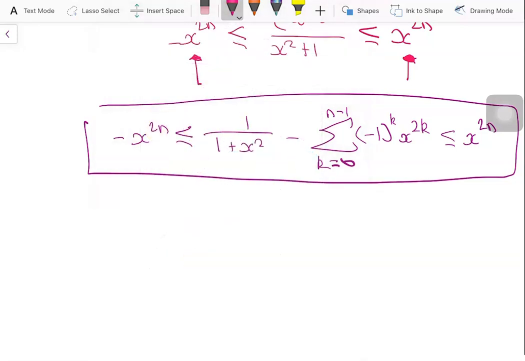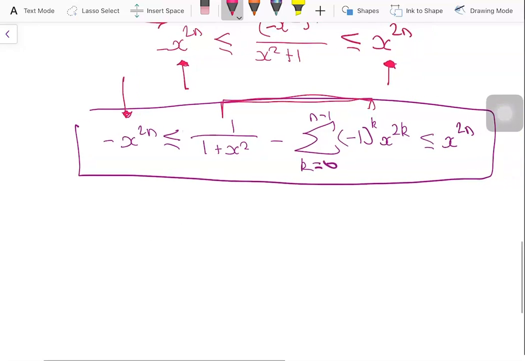And the important thing here is, since this one expression is always at most this expression over here, it means when you take the integrals of both sides over some range, the integral of the left-hand side will always be at most the integral of the right-hand side, and similarly, the integral of the very right-hand side will be at least the integral of this.